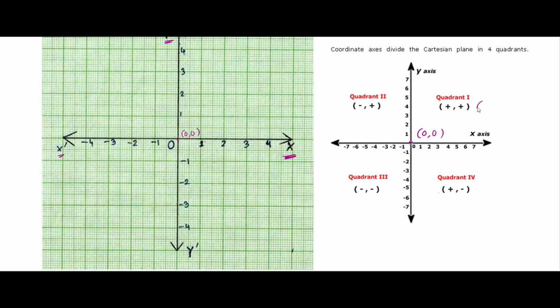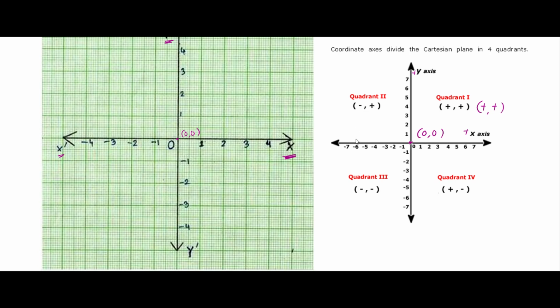In the first quadrant, the x coordinate is positive and the y coordinate is positive, that is positive x-axis and positive y-axis.